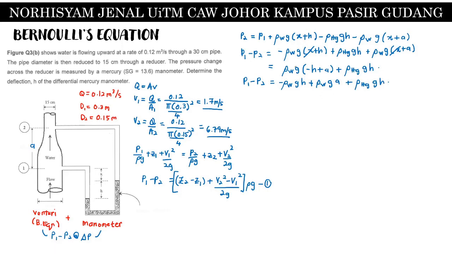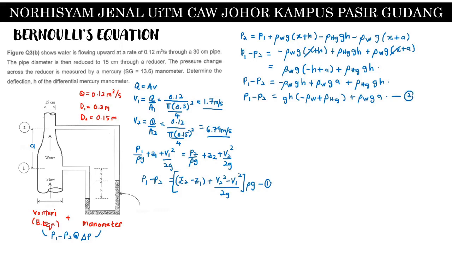Okay, so this g h is the same here, here and here, so we will do g h times minus rho W plus rho mercury, plus rho w g a. Okay, so this will be for P1 minus P2 in terms of manometer. So this is equation number 2.